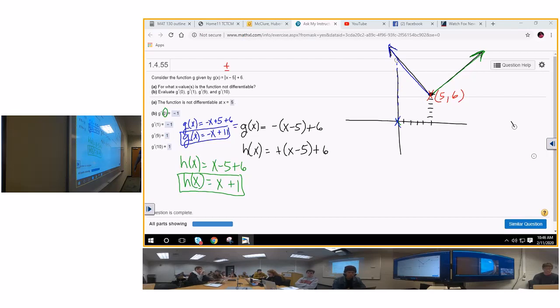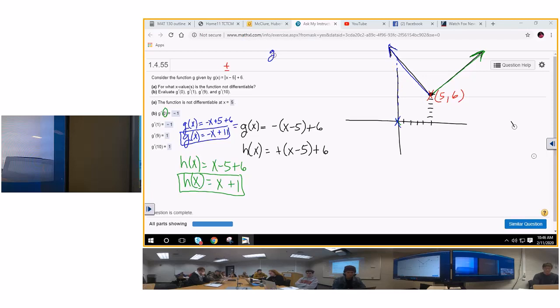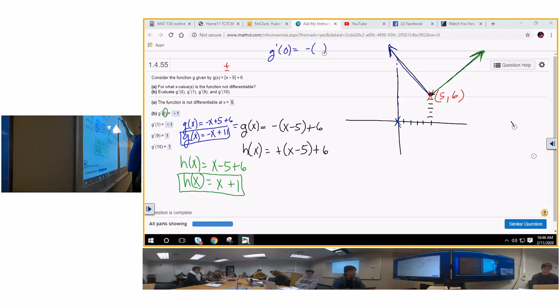So I'm going to plug 0 into the blue function. g prime of 0 is equal to negative 0 plus 11. And that gives us what? 11. So somebody type in 11, that should be the answer.